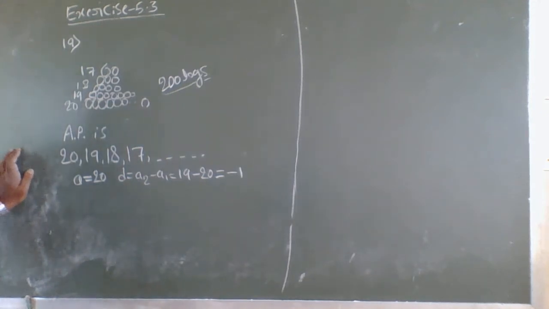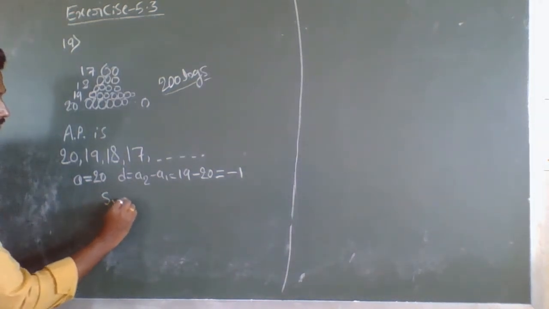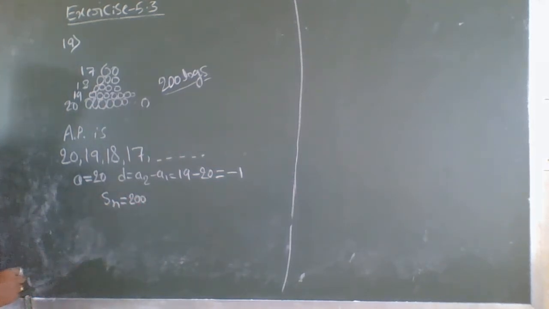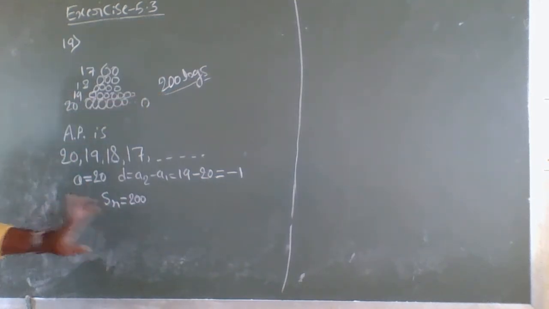Next, what did they ask us to calculate? There are totally 200 blocks, which means Sn is equal to 200. Therefore, I have written here Sn is equal to 200. And they are asking, in how many rows can we place these 200 blocks?